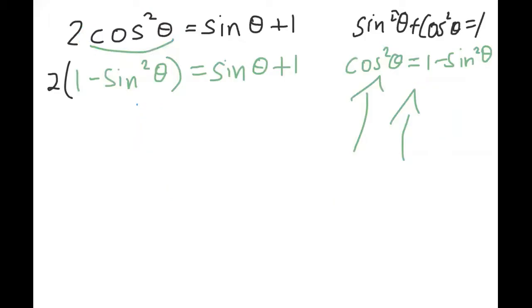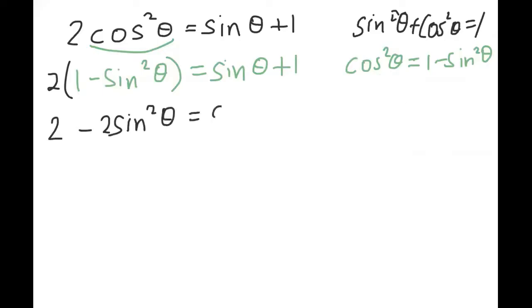Right, just remove a couple of things. Right, so let's just multiply this out so that it looks proper. So there's 2. 2 times 1 is 2. 2 times that is 2 sine squared theta equal to sine theta plus 1. So let's bring everything to one side. I'm going to take this over to the other side and then rearrange it all in one.